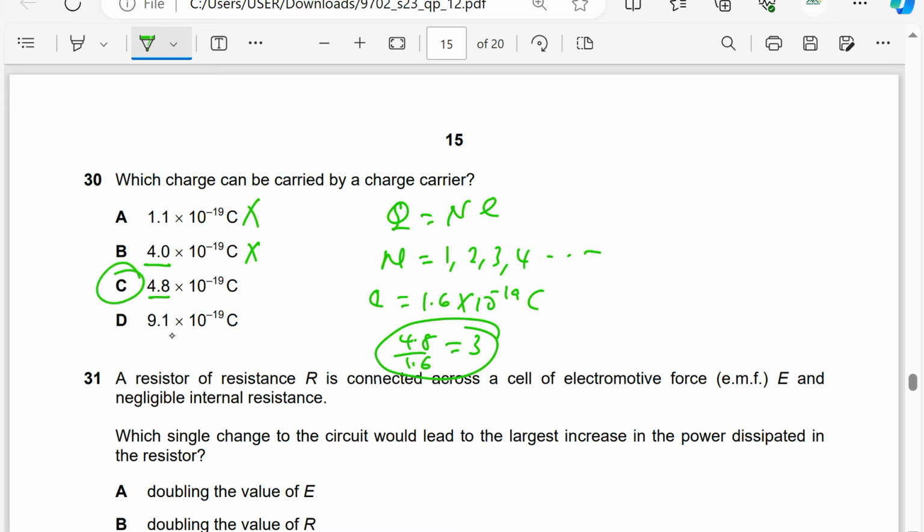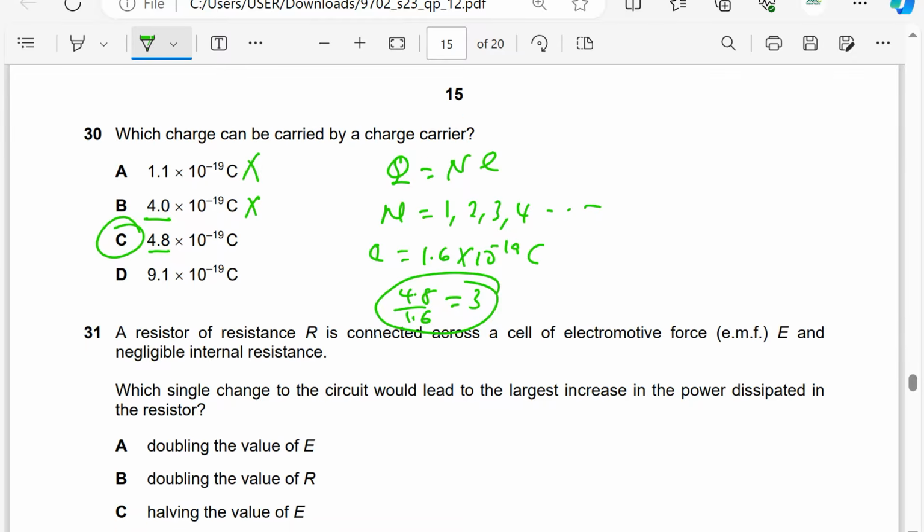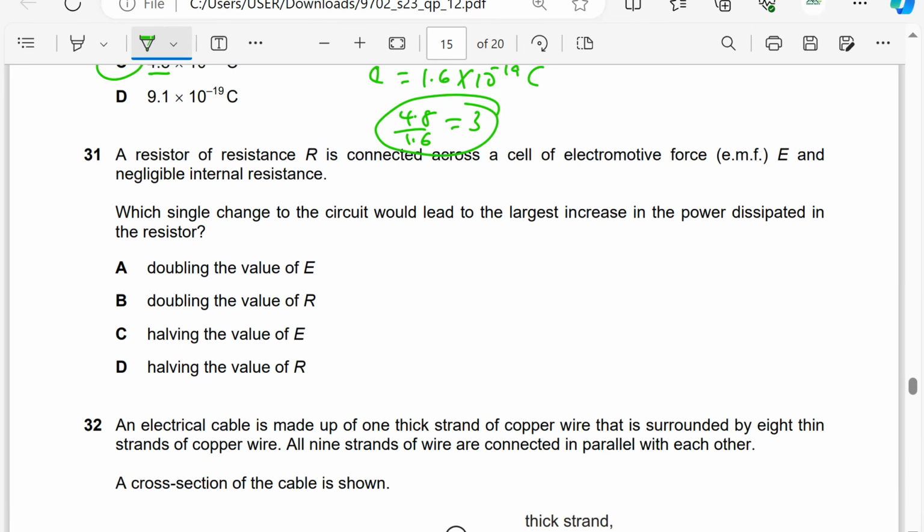I can check D: 9.1 divided by 1.6 is not a whole number. So charge is quantized, taking values that are multiples of the elementary charge. I divide these values by 1.6 times 10 to the power of minus 19 to see if I get a whole number. So the answer is C.